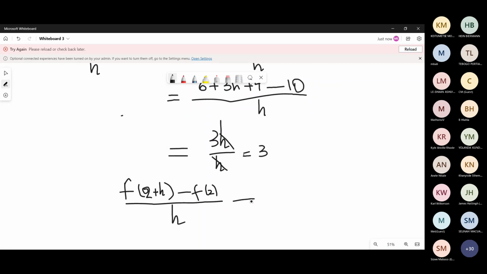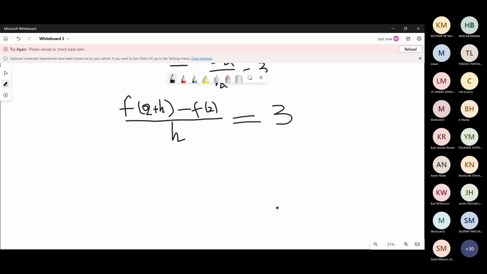The answer that we have here is equal to 3, right? So now we'll call this number the derivative of the function f at the point x equals 2.